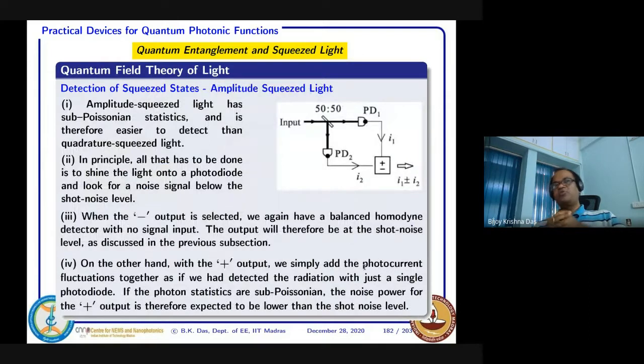For amplitude squeezed light, we have already discussed that if it is sub-Poissonian, then we also use this homodyning technique. Same homodyning technique, because we use PD1 and PD2 and we can subtract, which means classical noise will be reduced. Whenever your signal is there, you detect in two ways: I1 plus I2 and I1 minus I2.